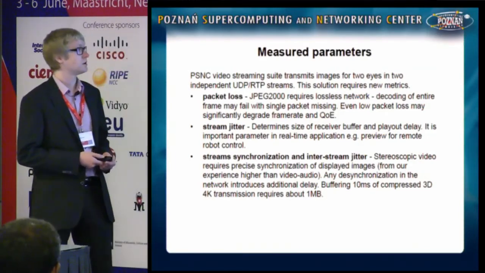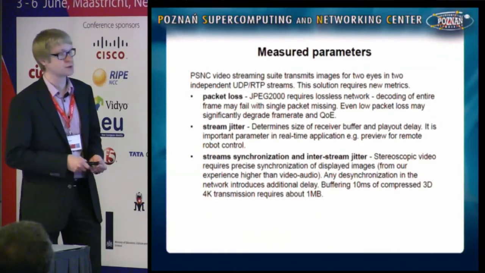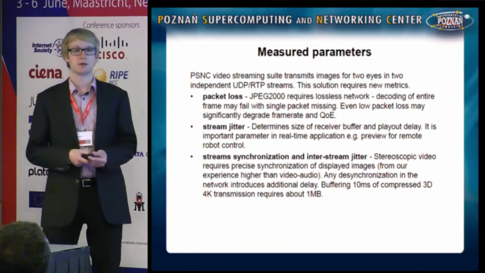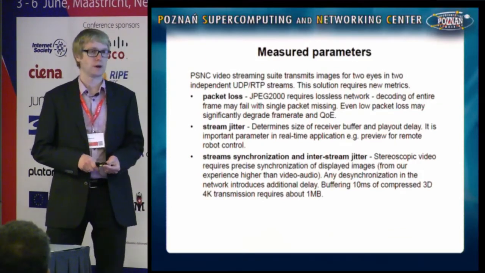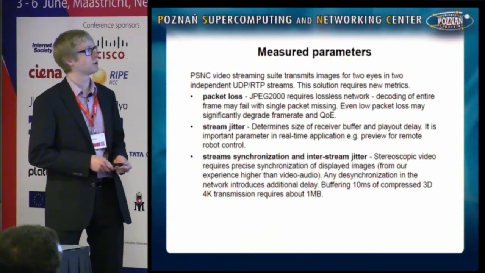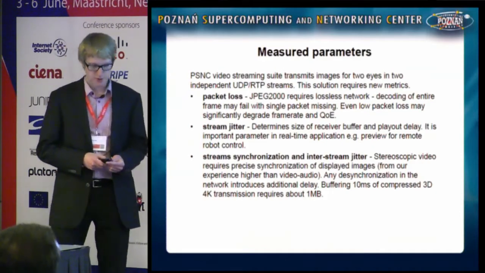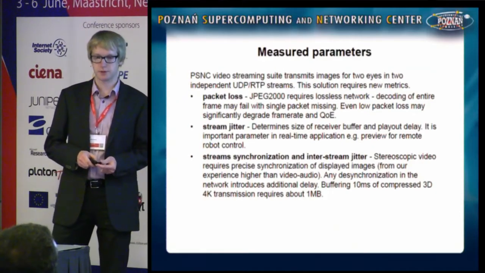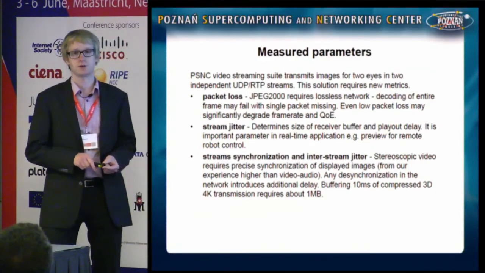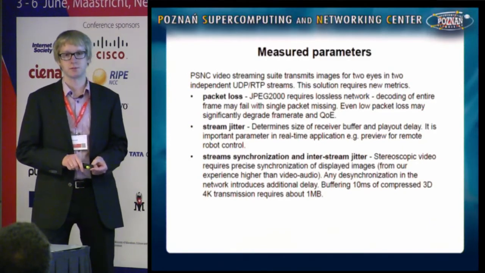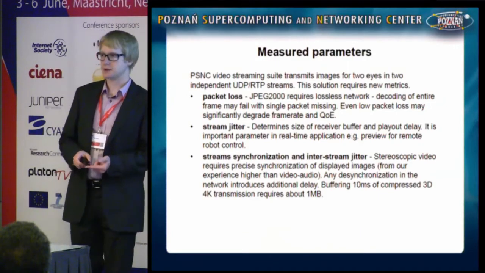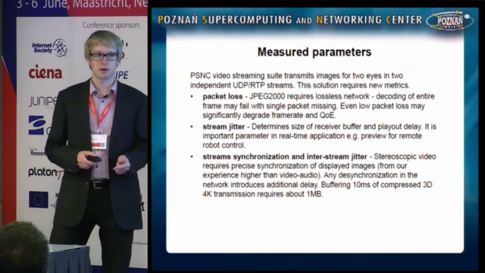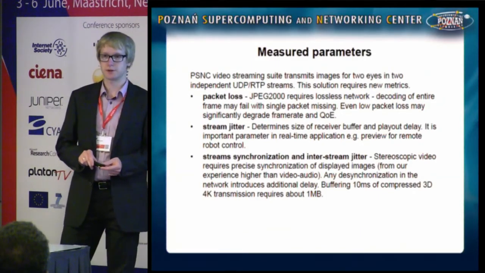Stream jitter, we are now using stream jitter defined with RFC 3550 that defines the RTP protocol, but this jitter is also not designed for bursty traffic like a video stream, because each image frame is sent at one moment in time, and it contains many packets, of course.